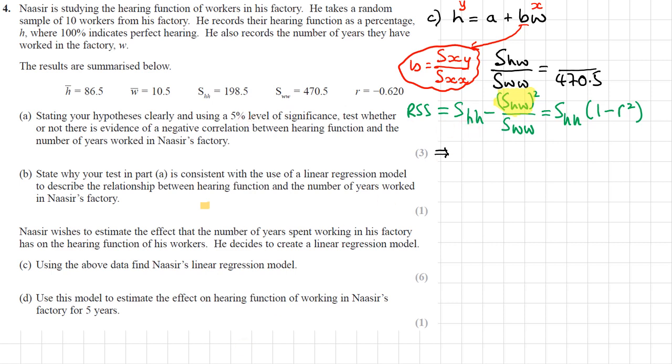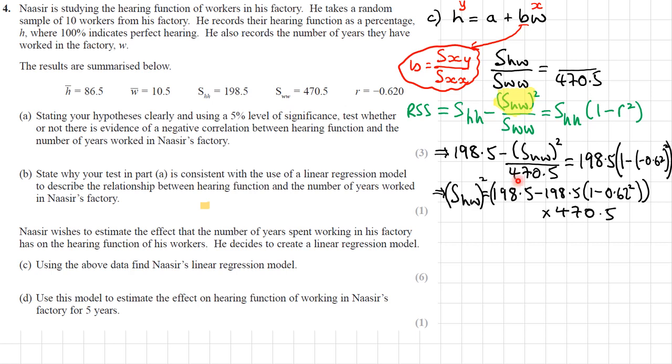Shh is going to be 198.5 minus the Shw, which I want to find, all squared, over Sww, which is 470.5, is equal to 198.5 times by 1 minus r squared, and that's going to be negative 0.620 or 62 squared.